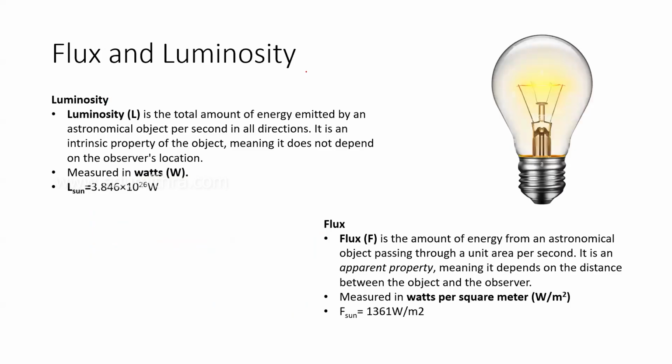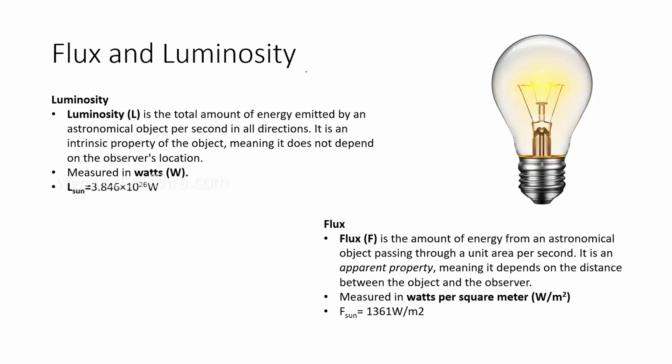The next one we learned is the flux luminosity method, or the standard candle method, where luminosity is defined as the total amount of energy emitted by an astronomical object, and flux is the amount of energy that we receive here per unit area per second, that is, the power we receive per unit area.